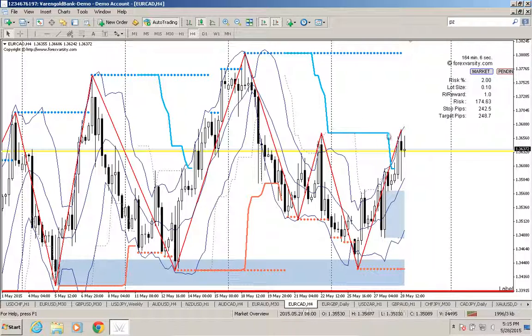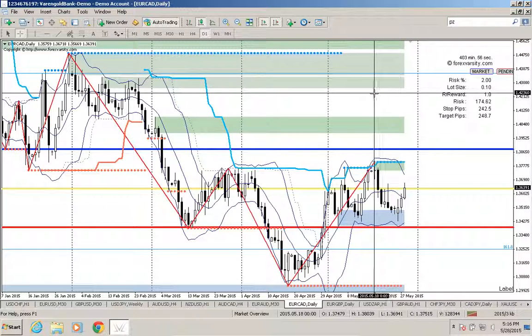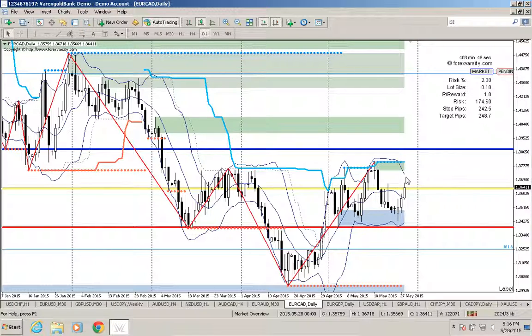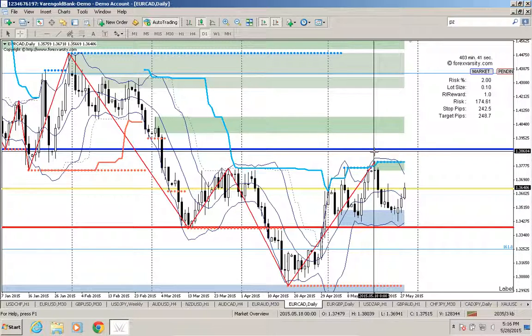We go to 4 hours, we see price has recently made a high, but we go to daily. Now if you look at your daily chart, you'll see also that the zigzag has not in 9 candles made a high or low. Now it has made a low, but it was not in the amount of candles we needed.